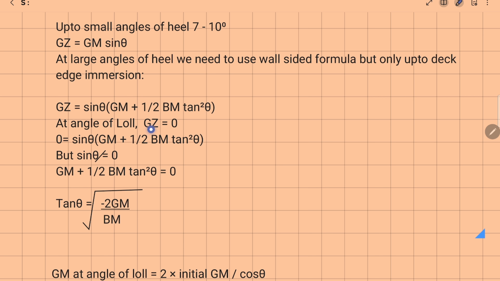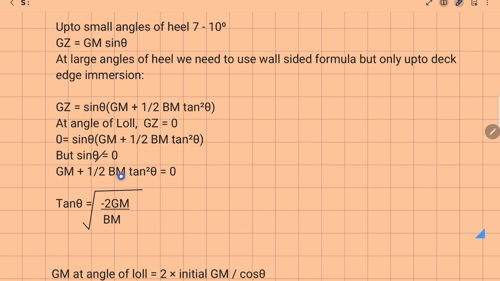At angle of Loll, GZ is 0. As we saw, there is no righting lever and no capsizing lever at angle of Loll. The ship is at rest. So we put 0 for GZ, and 0 equals sin theta times (GM plus half BM tan square theta). But sin theta cannot be 0 because theta cannot be 0, there is an angle.